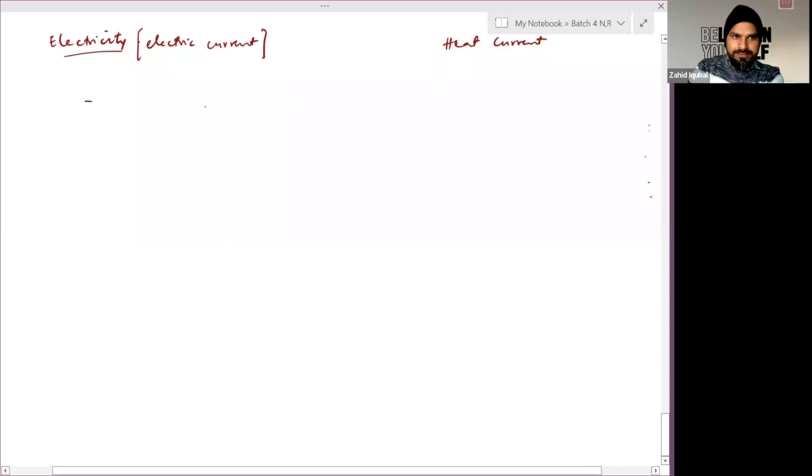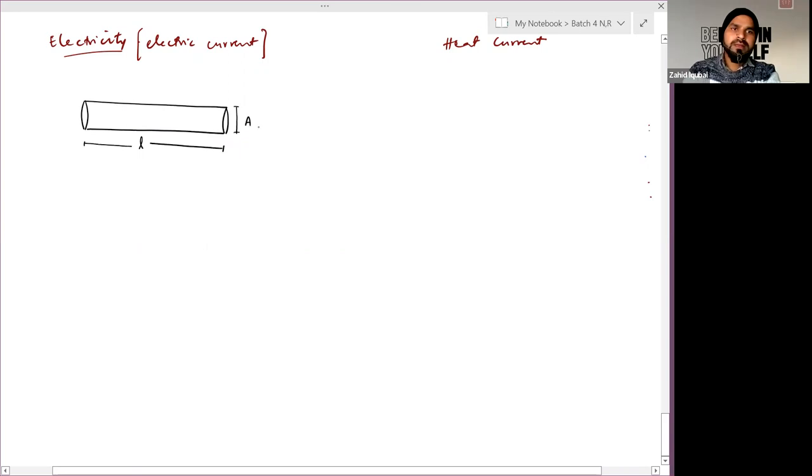Suppose you have a conductor consisting of an infinite number of free electrons, having length L and area of cross section A. Initially, if there is no external voltage or source applied across its ends, there will be movement of electrons in this conductor due to their thermal kinetic energy.